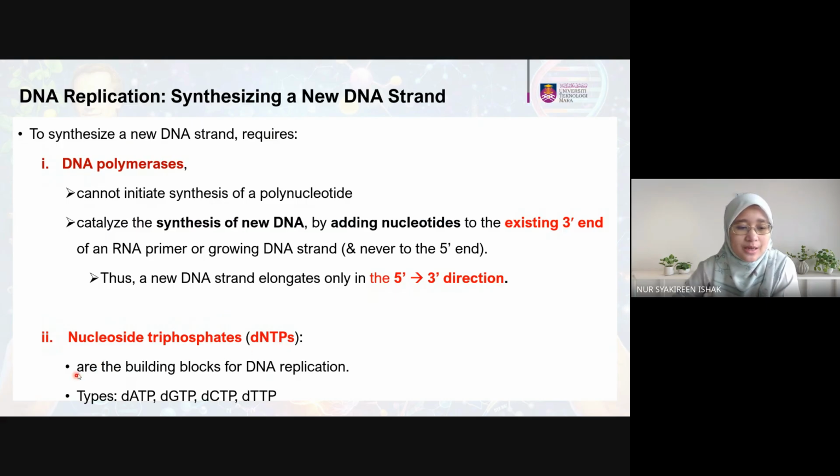These are the building blocks for DNA replication. There are four types of dNTPs: dATP, dGTP, dCTP, and dTTP. The N refers to the term nucleoside. So these are adenine, guanine, cytosine, thymine. These are the building blocks required to synthesize a DNA molecule.